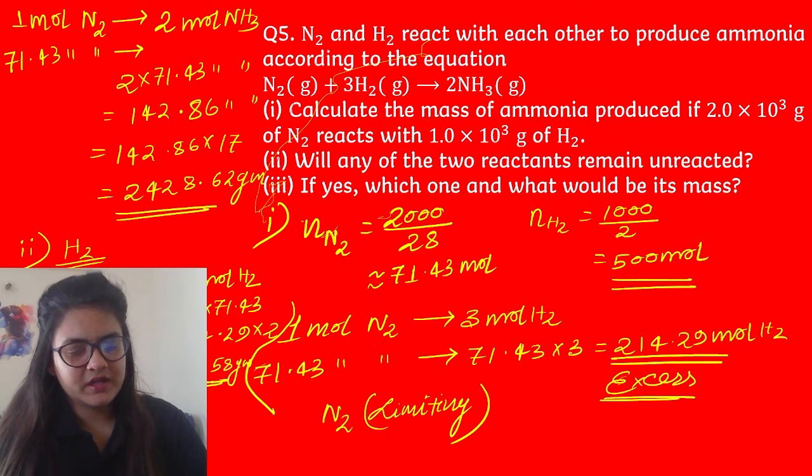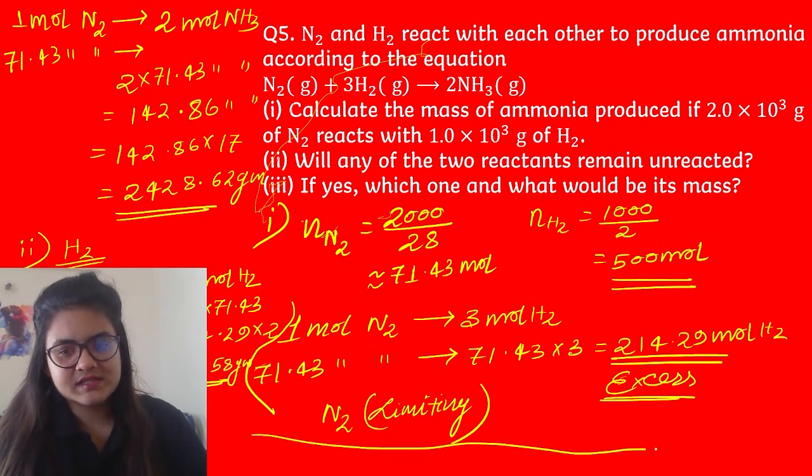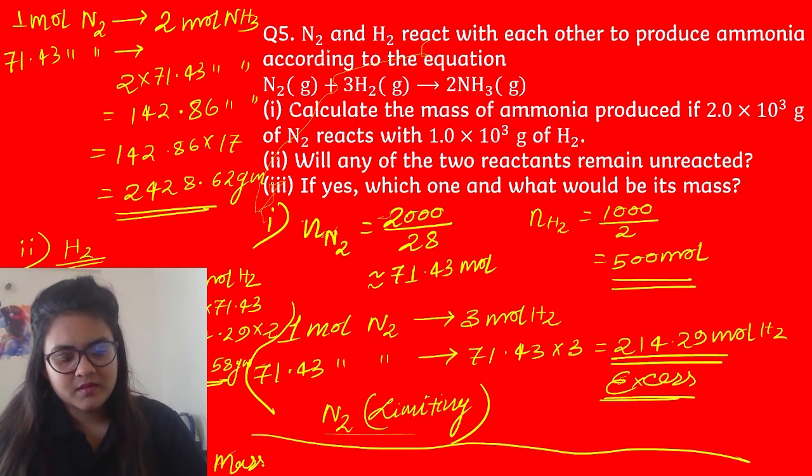Okay, 428.58 gram. Then how should I find out the leftover? So the leftover amount, the mass of H2 that is left. This much amount, 428.58, will react.